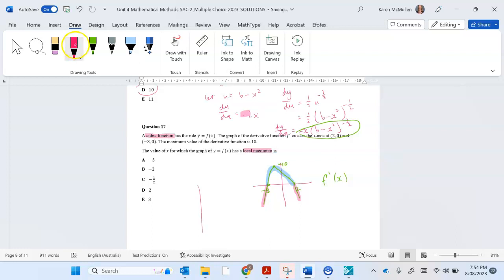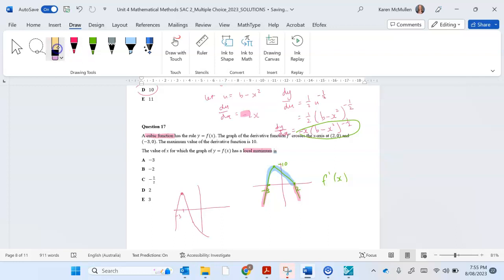So when I sketch my cubic, my gradient is going to be negative, and then at negative 3 we've got a turning point. So it's going to be negative, and then it's going to be positive.